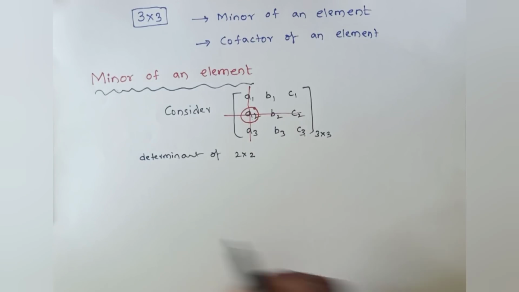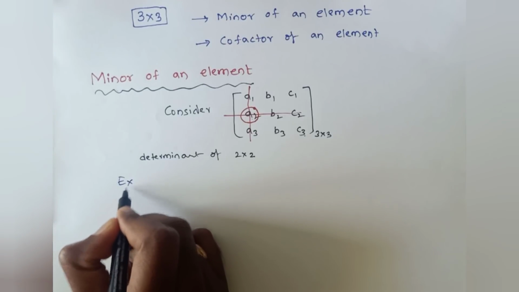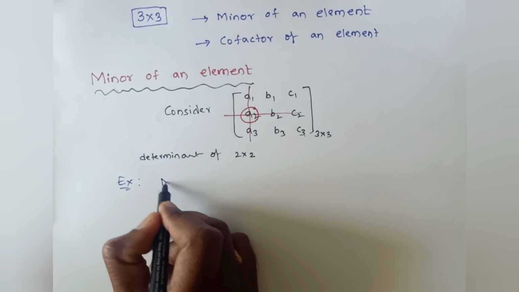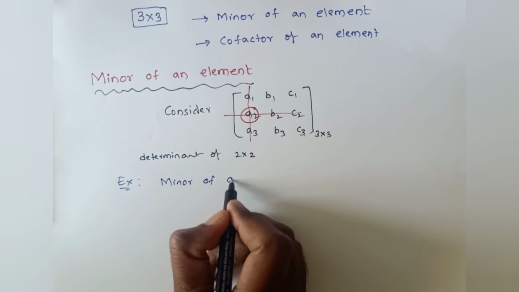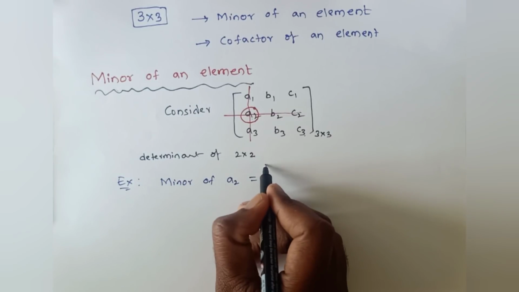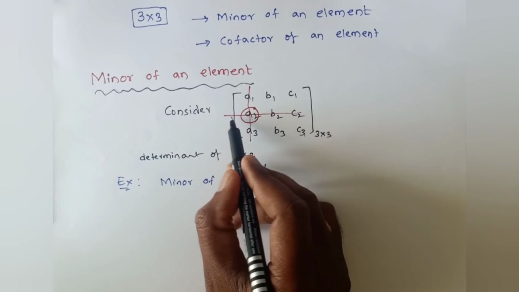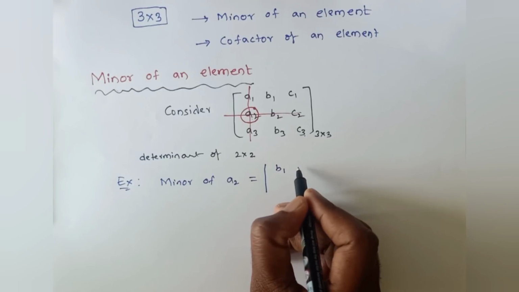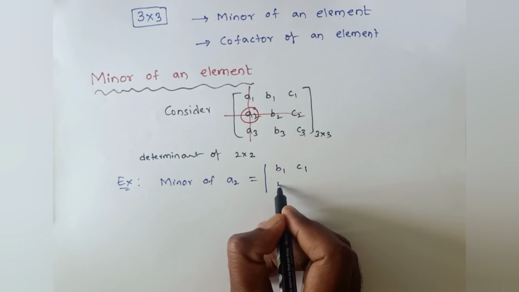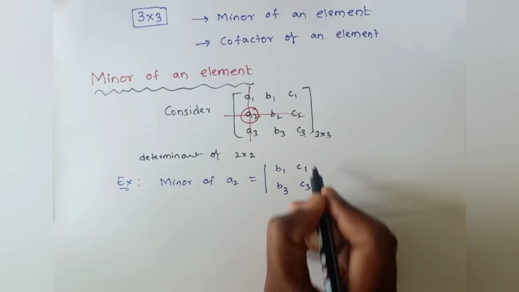For example, minor of A2 is equal to, see, just delete this row and this column. So we get the remaining elements B1, C1, B3, C3.